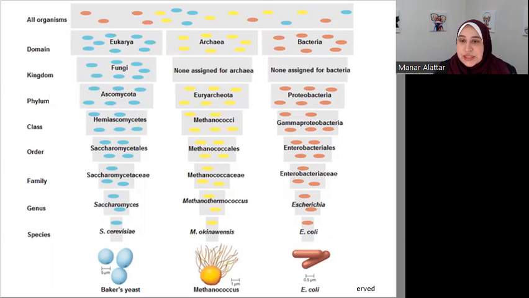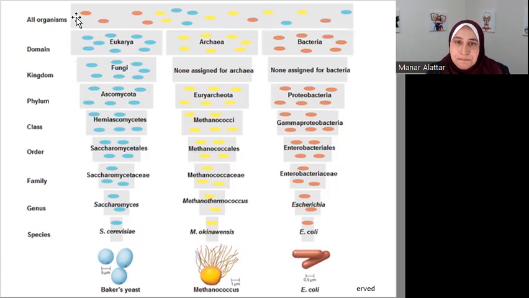And so you can essentially see here 3 different microorganisms. One is a eukaryote, one is an archaea, and one is a bacteria. Within the Linnaean classification system, we look at each of these organisms in context with all other living systems, okay?